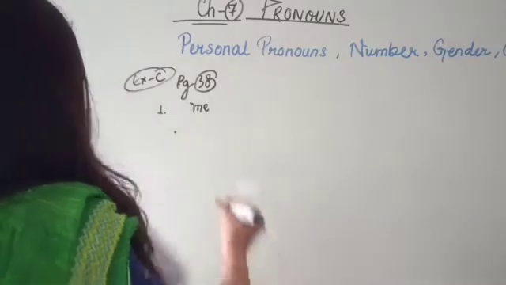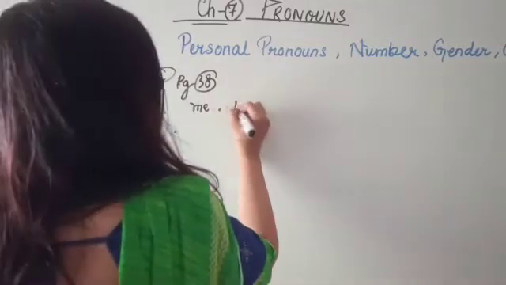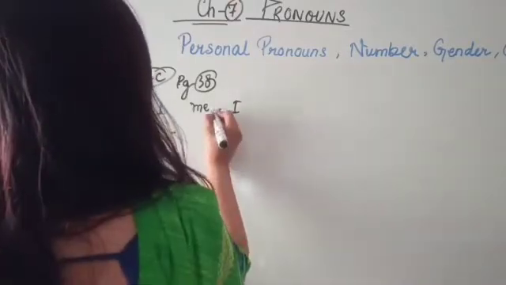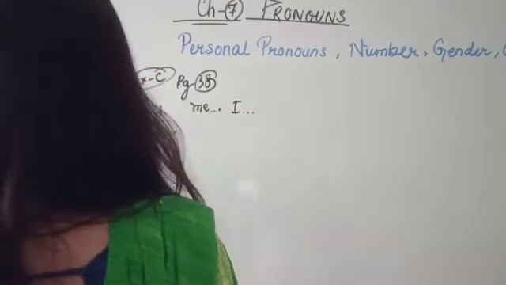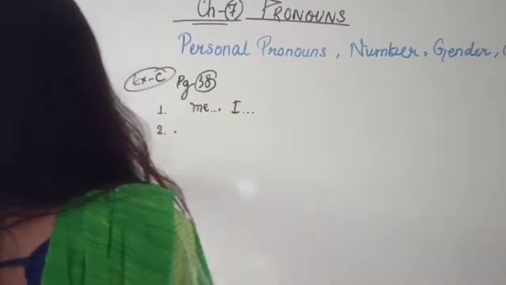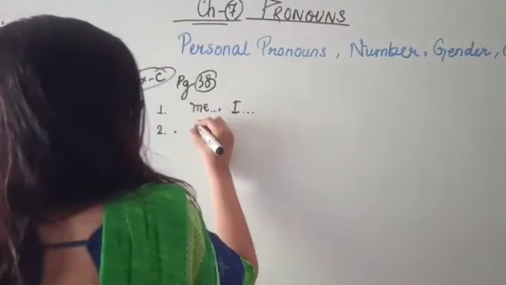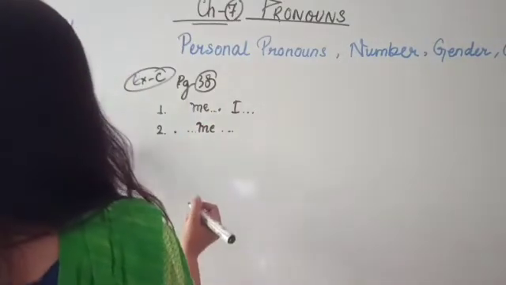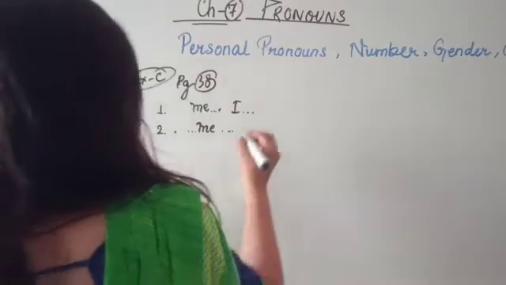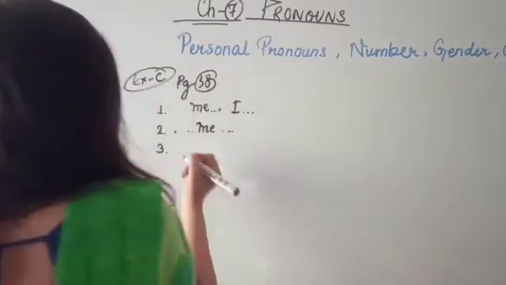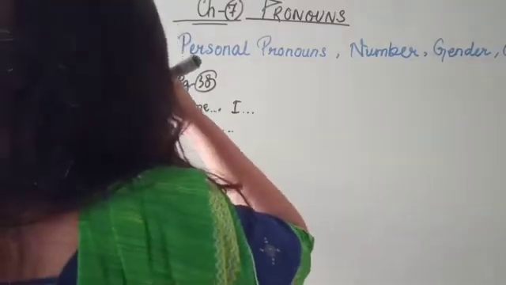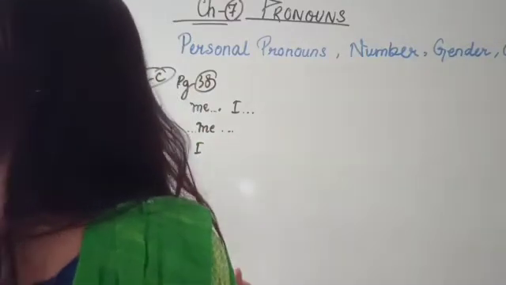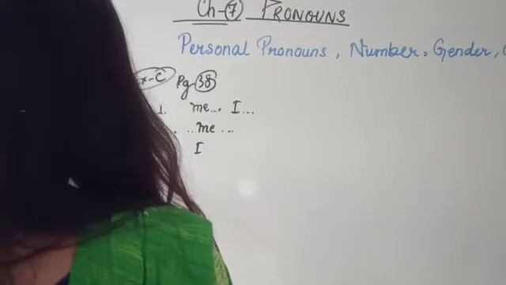Second blank will be I. After full stop it's I. Number 2, can you drop me at the airport? Number 3, you and I. Number 4, you.